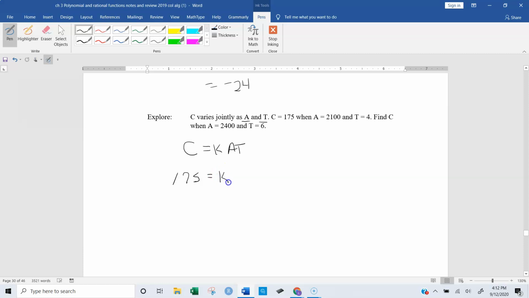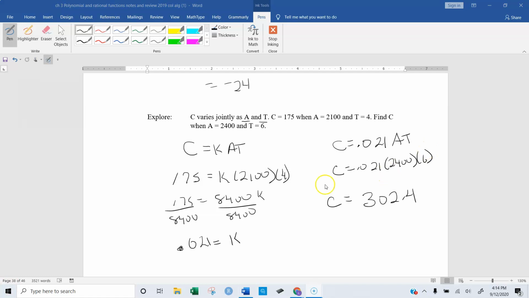Equals K times A times your T. Okay, so you've got 8,400 here. Divide by 8,400. And you get K is equal to, I need a calculator.